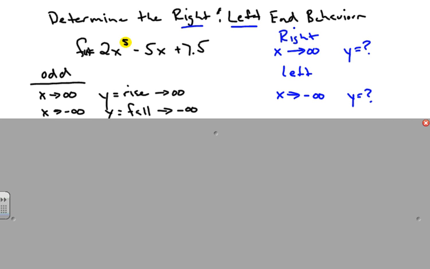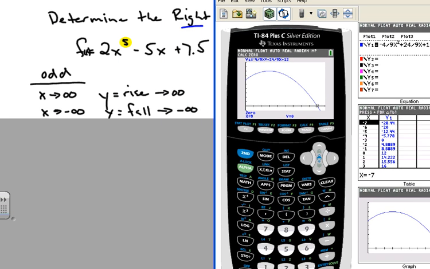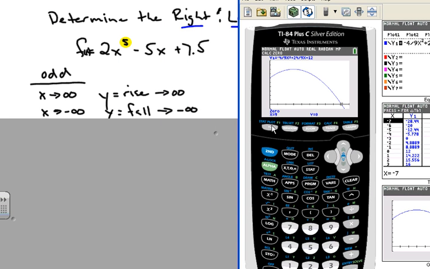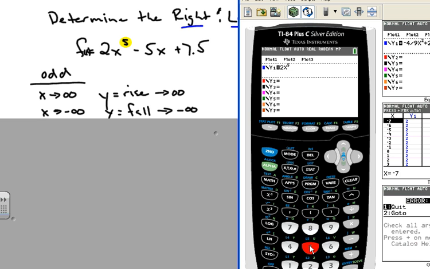To help us figure this out, we can graph this on a graphing calculator. Take out your graphing calculator, go to y equals, clear that, and enter 2x to the 5th minus 5x plus 7.5.